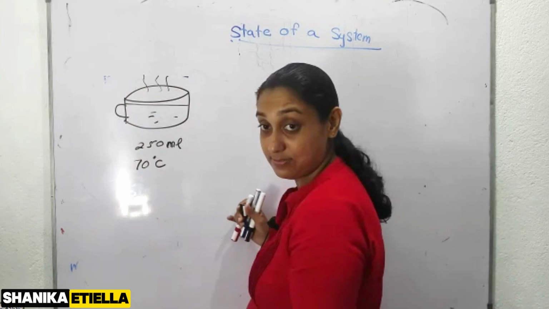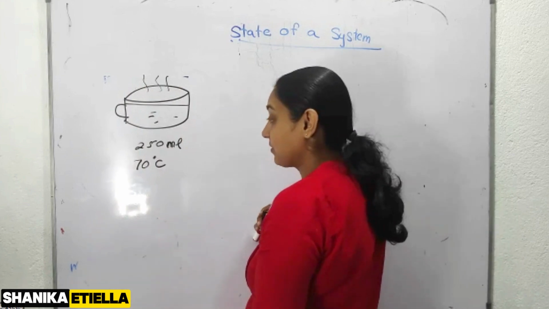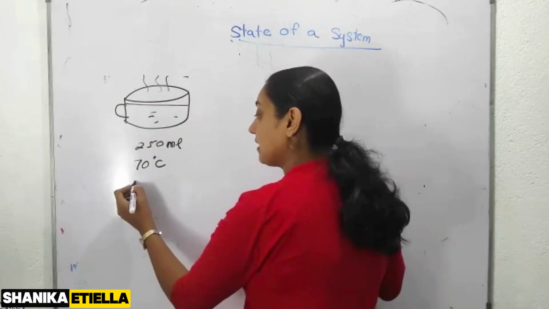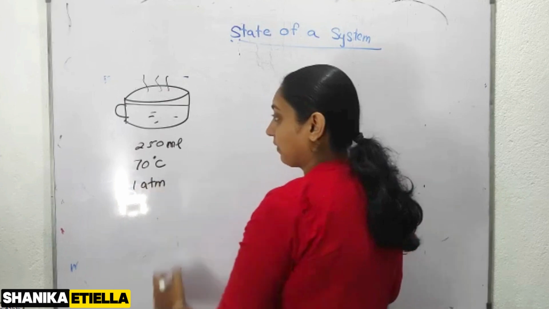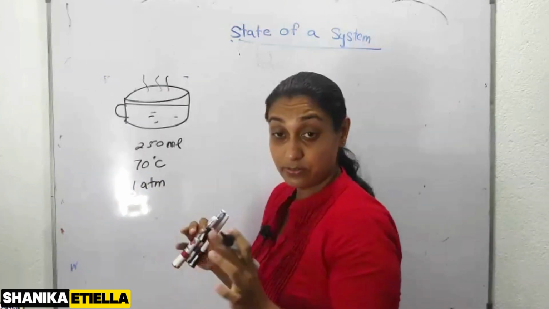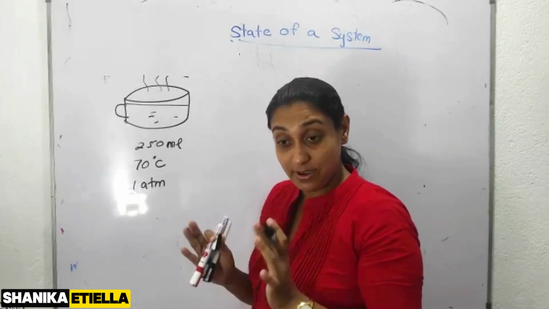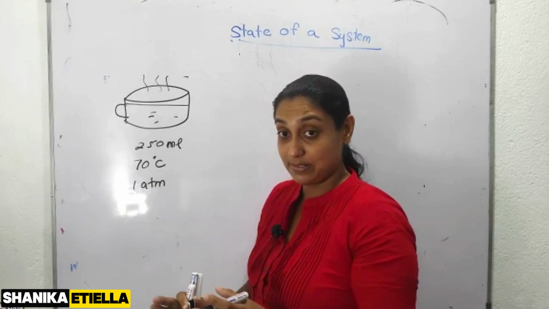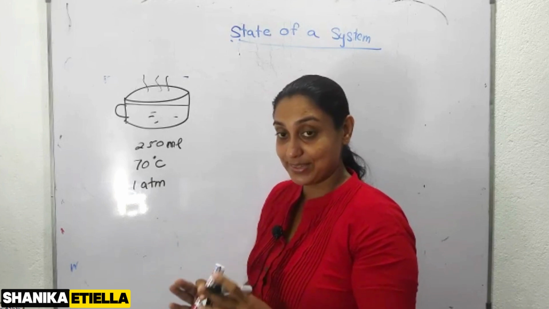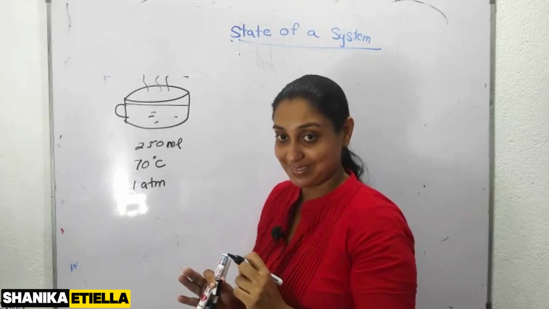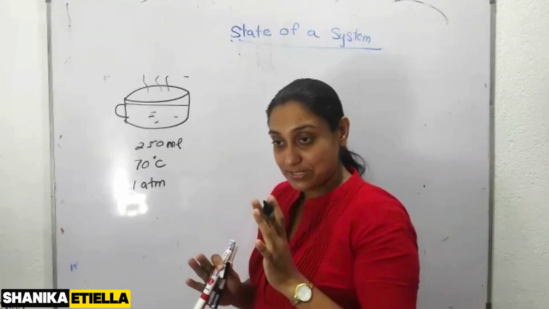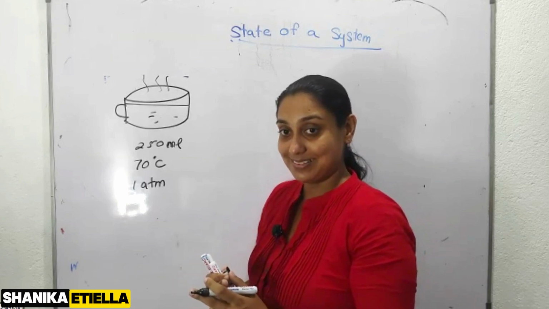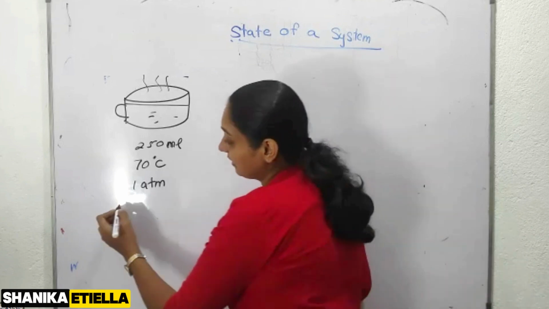Once a process happens, it goes to 70 or 80 Celsius, and the pressure is 1 atm. The mug is on your table, the starting point, with energy exchange with the surroundings. First point, once your mother makes the cup of tea, that is called the initial state of the system.